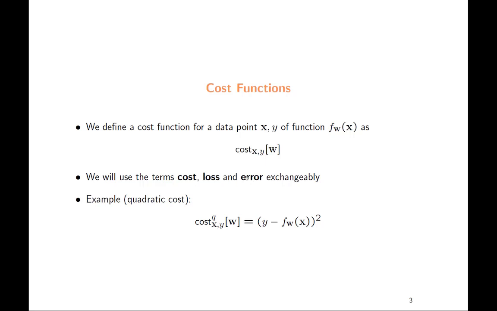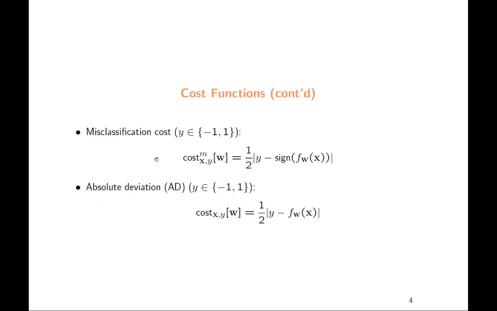So there's a quadratic cost, which is simply the difference between the target value y and the prediction of the model. We take the difference and square it. And that's the cost which occurs at one data point. Then we have the misclassification cost. Here we assume the targets are -1 and 1.